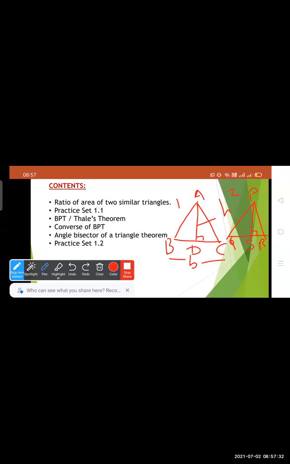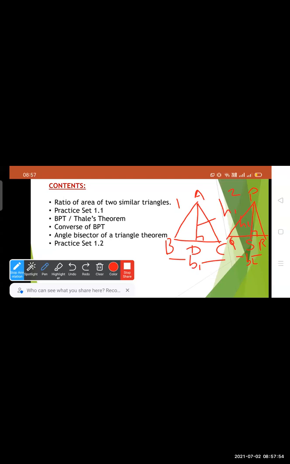These two triangles are similar. So here we write H1 and B1 for the height and base of triangle ABC respectively. Similarly, H2 and B2 for the height and base of the second triangle, that is PQR, respectively.